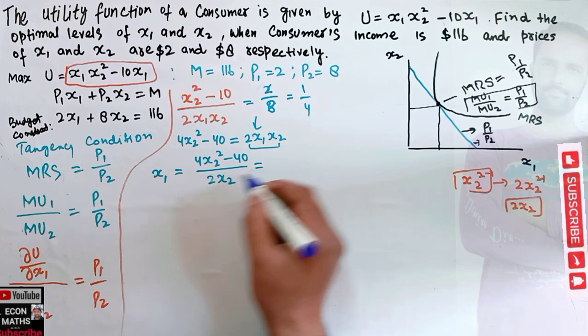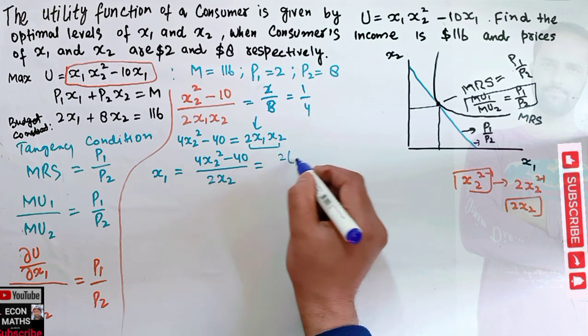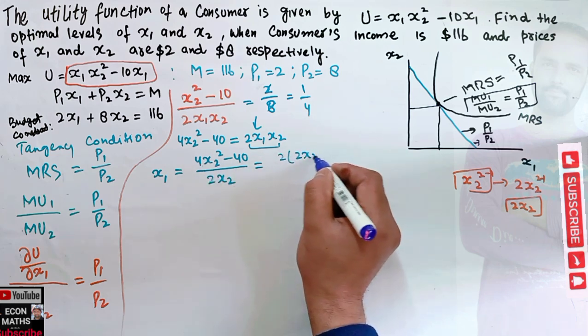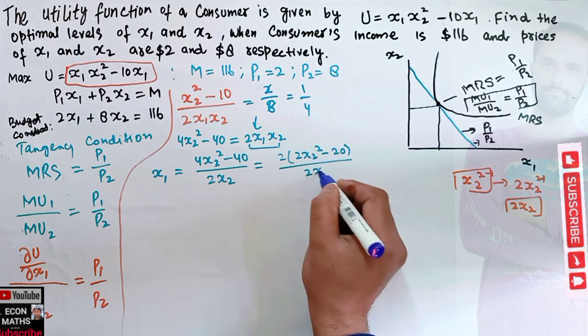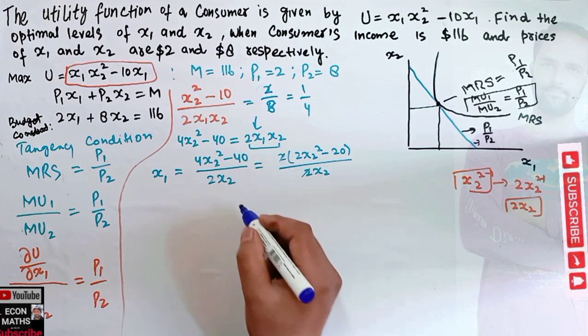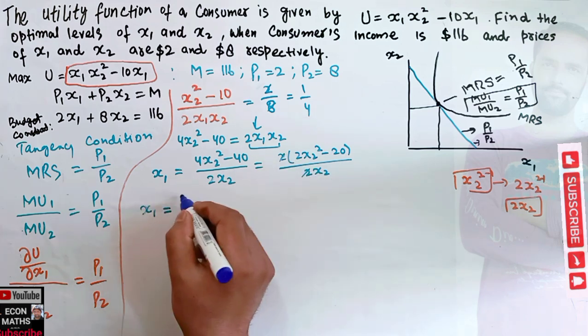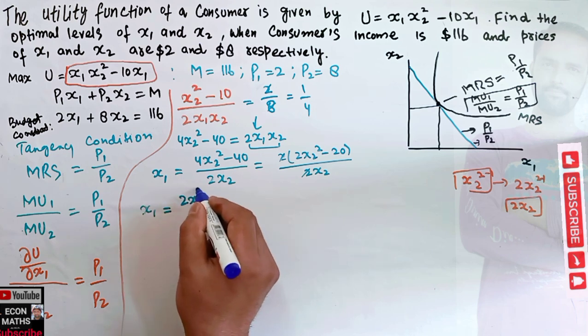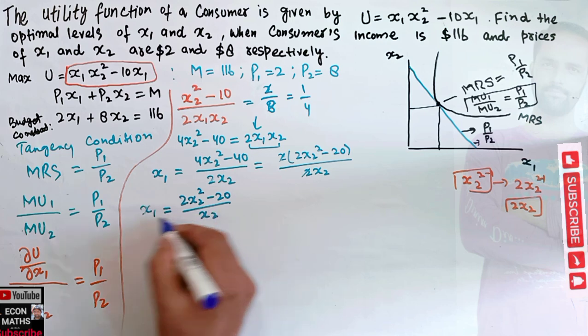If we further solve this, if we take 2 common here, we are left with 2x2 square minus 20 divided by 2x2. So 2 and 2 will get cancelled, which means x1 is equal to 2x2 square minus 20 upon x2.